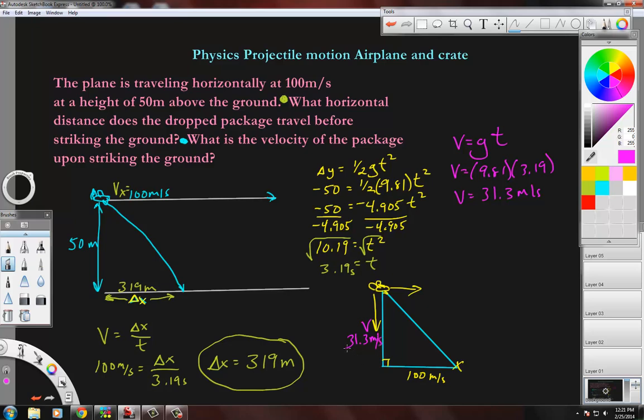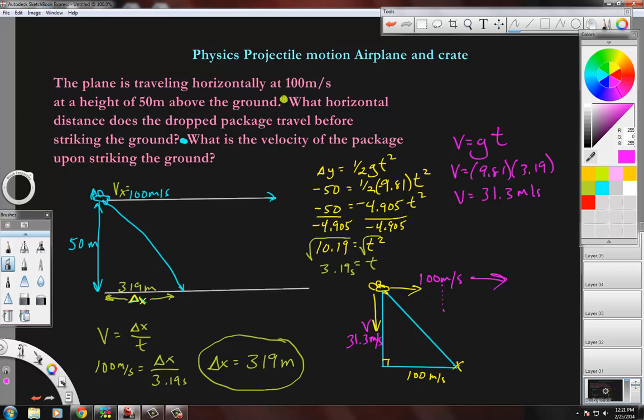Think about it, people. This crate gets dropped as this plane is going 100 meters per second this way. Okay, it's zooming off in this direction, and it starts falling. Its fall speed is actually slower than its speed going this way. So this triangle is a little out of whack.